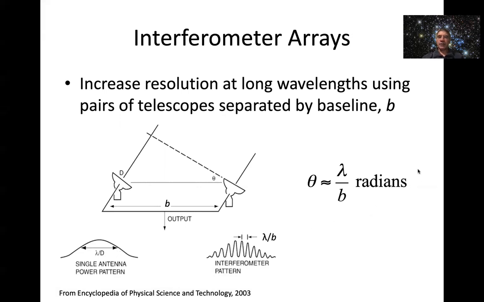So effectively, the angular resolution, the information you can get on the angular separation of objects, for an array of telescopes is theta equals lambda divided by B, where B is the baseline. You can do this for multiple telescopes and pair them all up, and here B would then be the maximum baseline, the maximum separation between any two telescopes in your array.